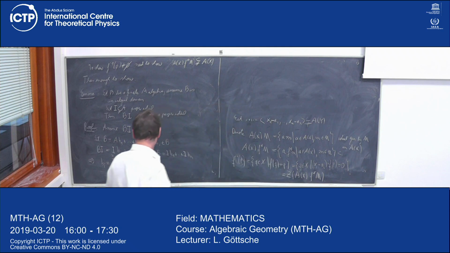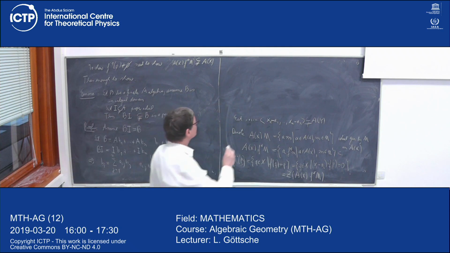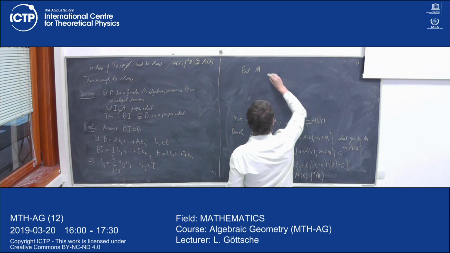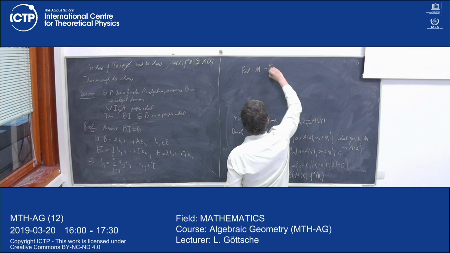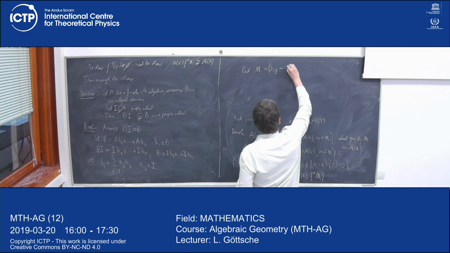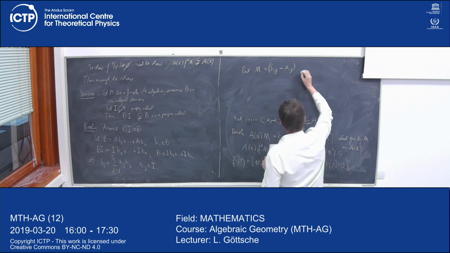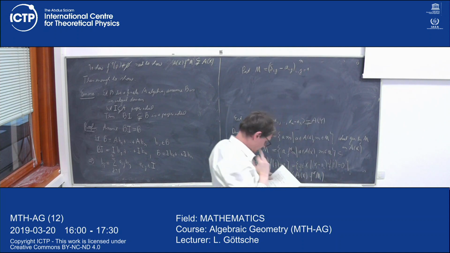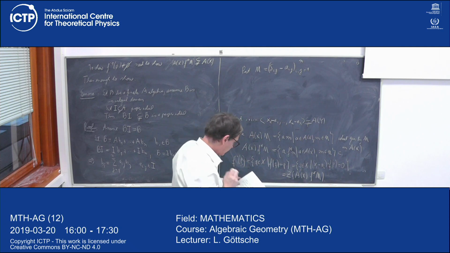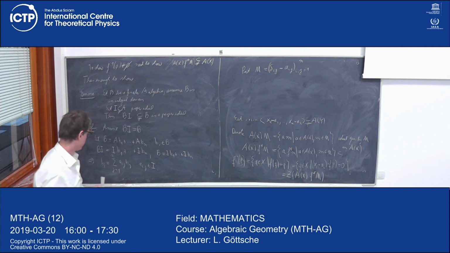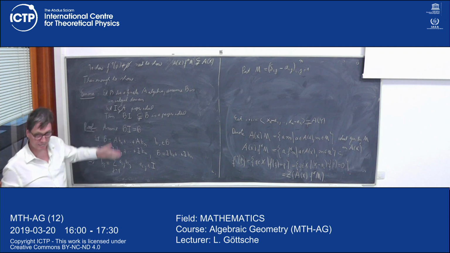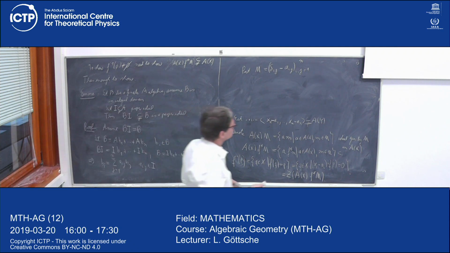So now we again write down this matrix, so we put M equal to delta ij minus Aij. So the matrix like this. Okay? Then we see this thing says that again this vector B1 to Bn lies in the kernel of this matrix.